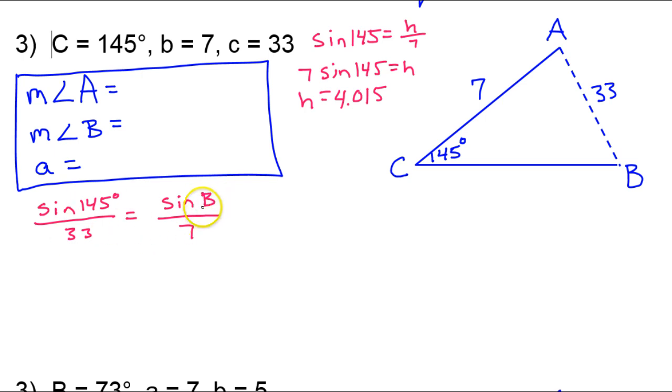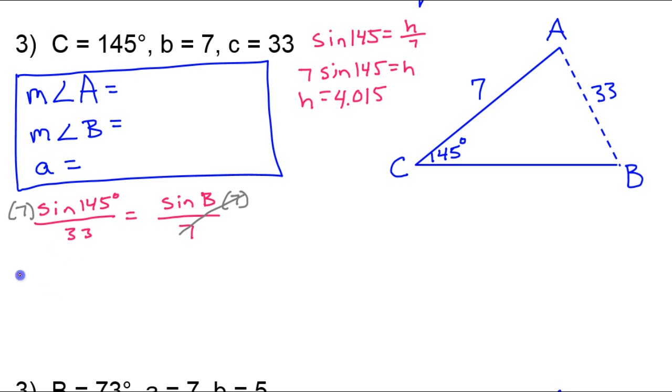So we can solve this to find angle B. If we multiply both sides by 7, these 7s will cancel out. That's going to give us the sine of angle B will equal all of this. But we don't want the sine of angle B, we want angle B. If you want the actual angle B, you have to do the inverse sine.